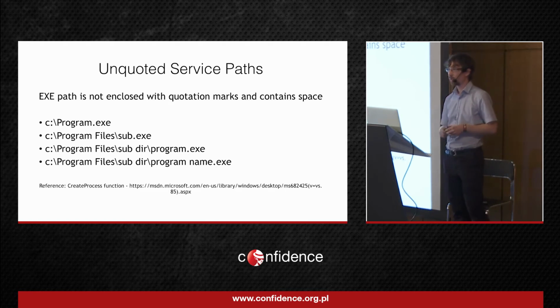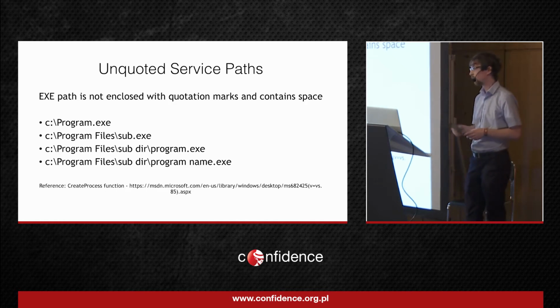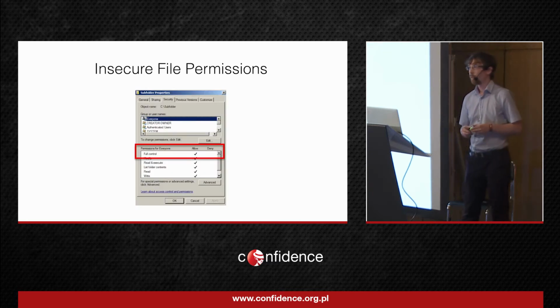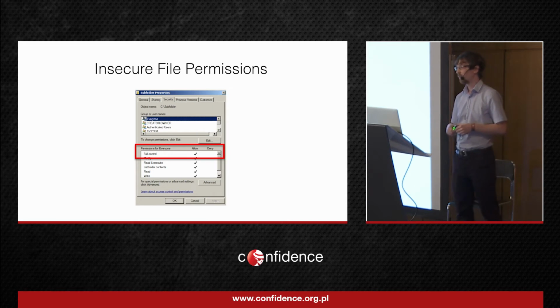So the exploitation is simple. We are checking services which do not have double quotes and contain space. Then we are checking if we have some write privileges to one of those locations. On Windows, we can define files and folders to which a user has access.